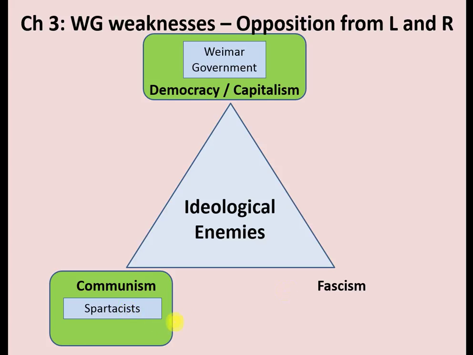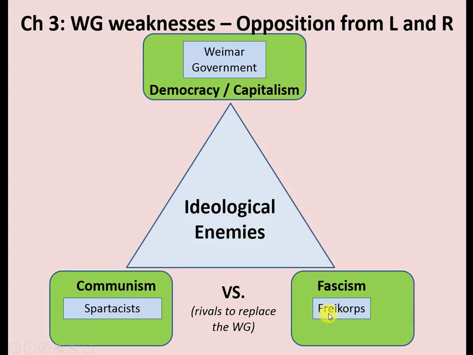On the other hand, we have the fascists, and in this case, when we talk about this topic, we learn about the Freikorps or Free Corps. So basically there were these two groups, on the left the Spartacists, and the right the Freikorps, who were rivals to replace the Weimar government.